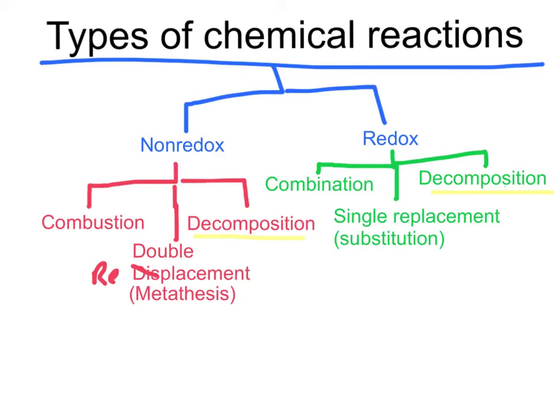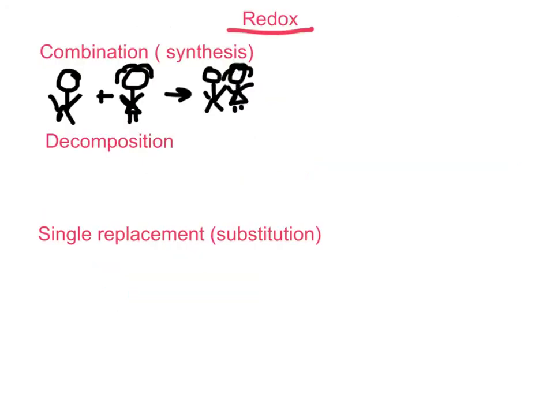Let's look at each one of these a little bit differently. I like to look at them and give you sort of a description of what each one is. So let's do that in the next slide. Okay, so redox, we have several, and I like to relate it to the dating game thing. So in a combination or synthesis, we have boy meets girl, and they become a couple.